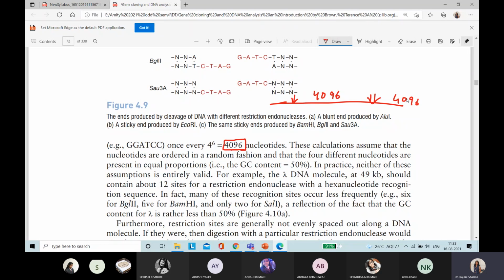This is just a theoretical application, but it is not always true. This is just to screen your experiment, because when you enter the experimental world, you cannot directly take the enzyme and put it in.